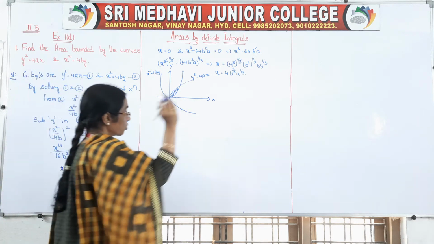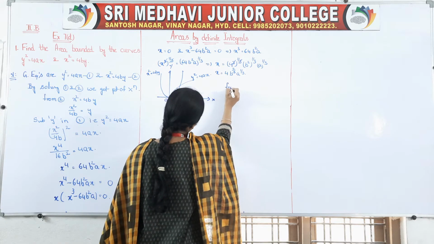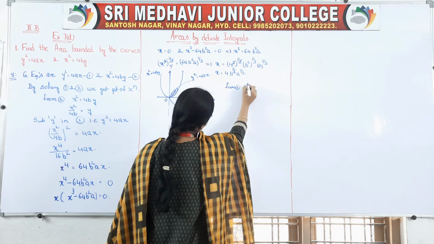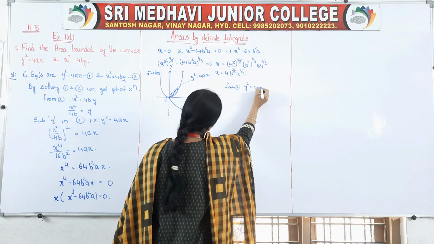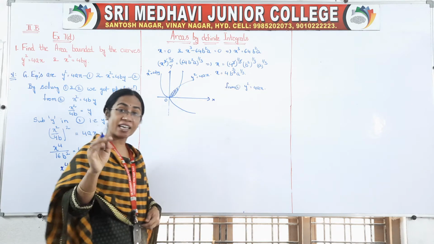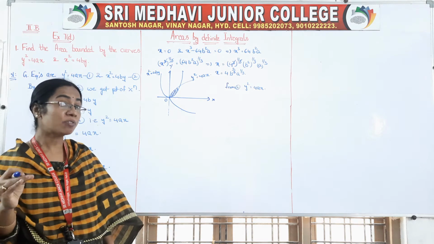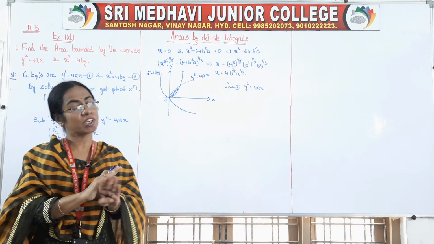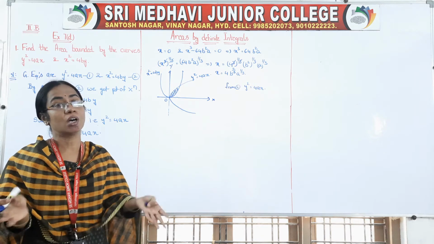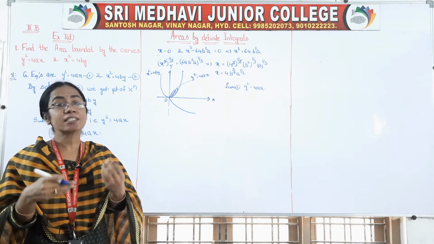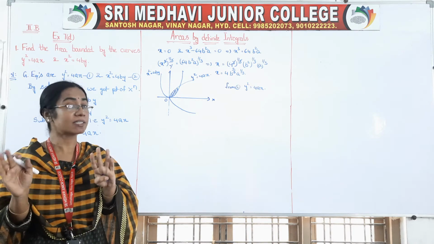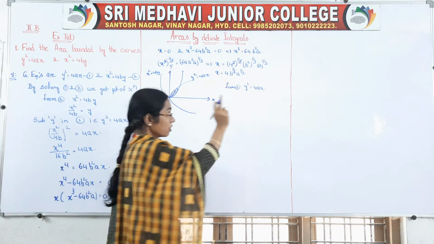Okay, so actually what is our equation? y square is equal to 4ax. But while taking the area, we will take the curve equation, means y is equal to. In solving all the problems, if you observe, we will take the curve equation as y is equal to. So here also we have to get y as curve equation. So how we will take?